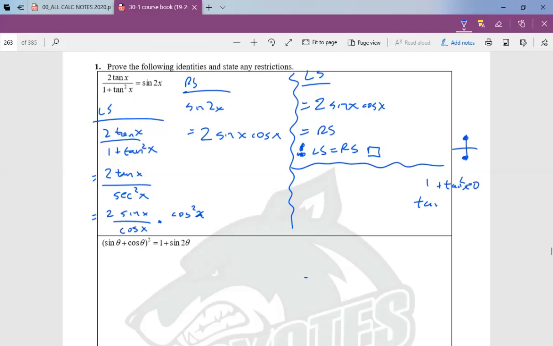Therefore, tan squared x cannot equal -1. That can't happen. Tan squared x can't ever equal -1 because you can't square a number to give you a negative. And so really our only restrictions come from here. So we would say that x cannot equal pi halves, where n is an integer.